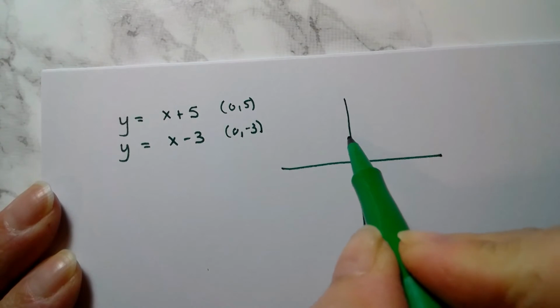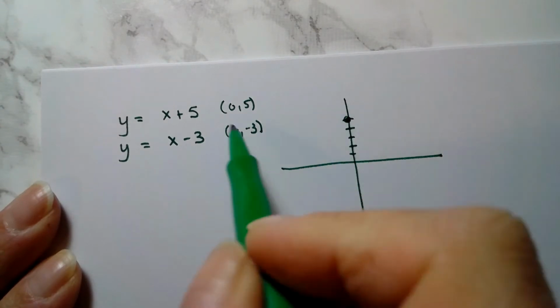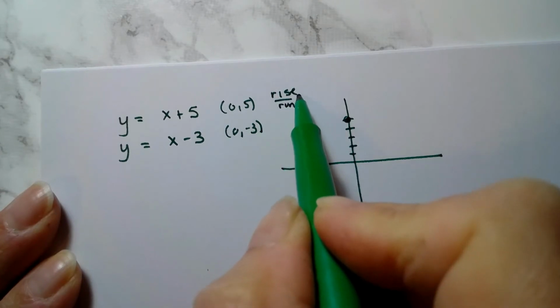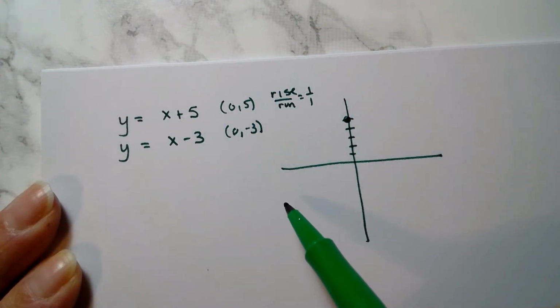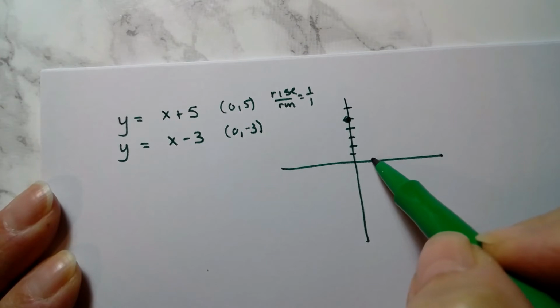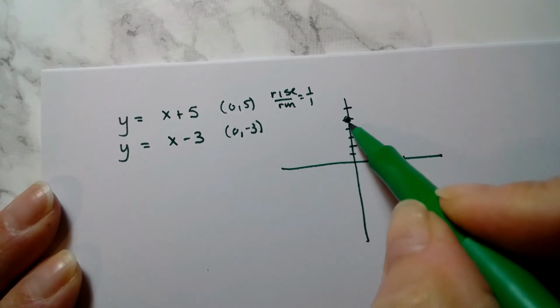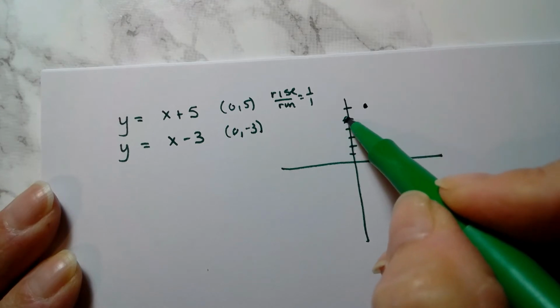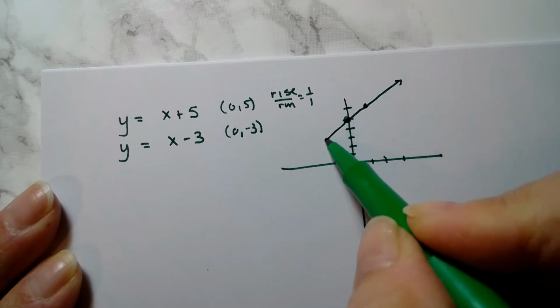So 1, 2, 3, 4, 5, I plot the y-intercept. The slope is 1, rise over run equals 1 over 1, right? That's the slope. So from the y-intercept, I'm going to go up 1 and over 1, plot the other point, and then connect them with a straight line.